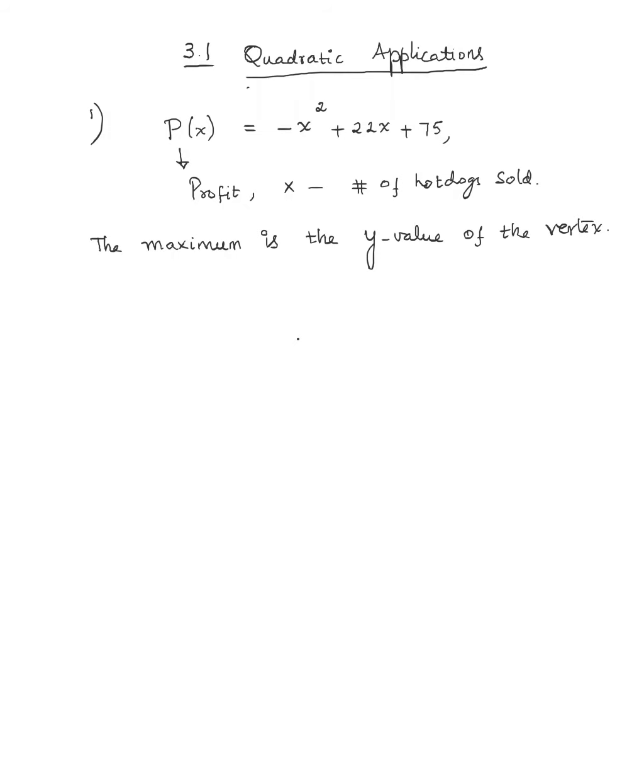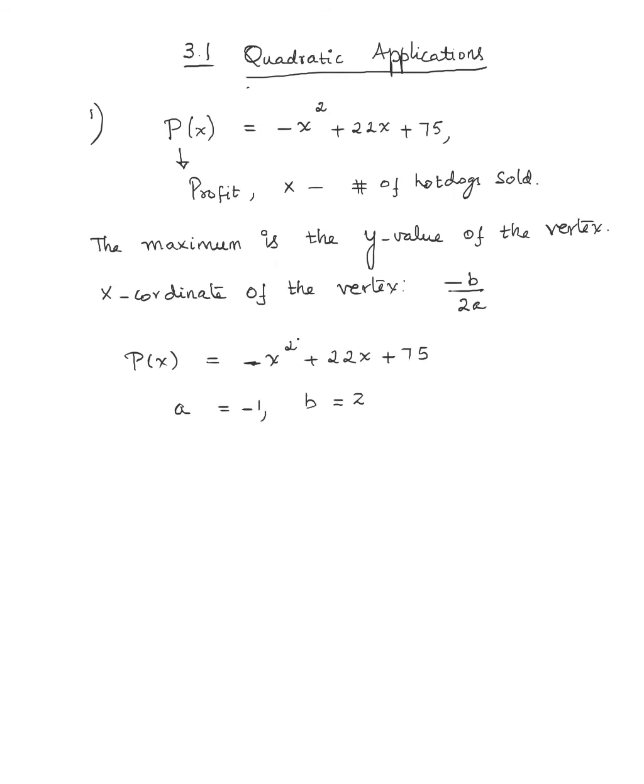The x coordinate of the vertex is found by the formula negative b over 2a. So let's write the function again to identify a and b. a is the first number, so a is negative 1 here and b is 22.